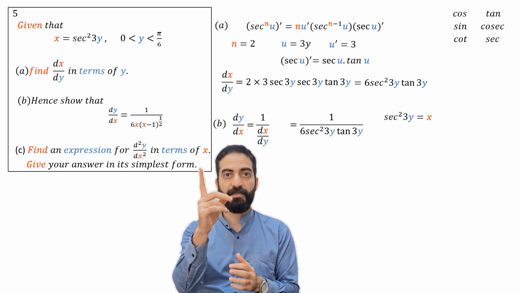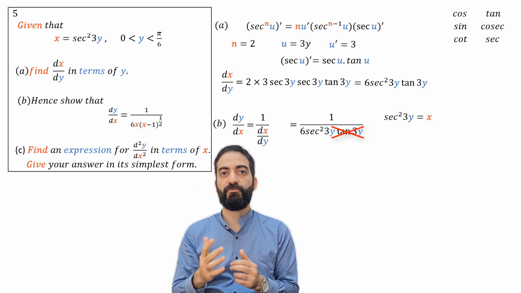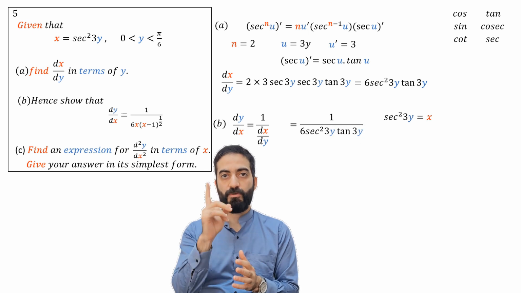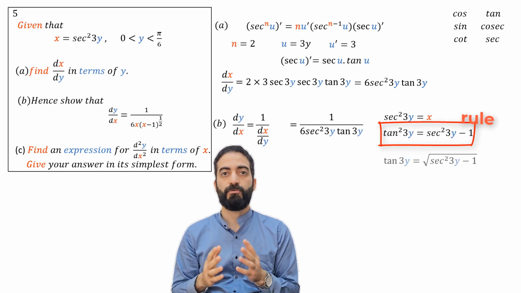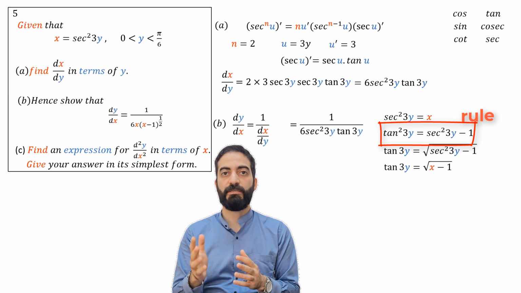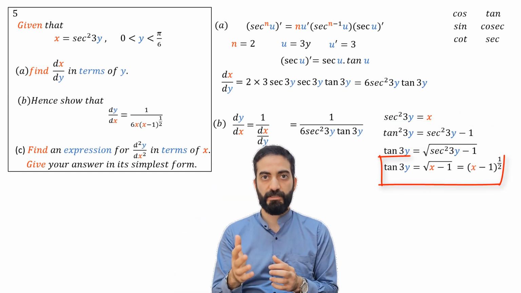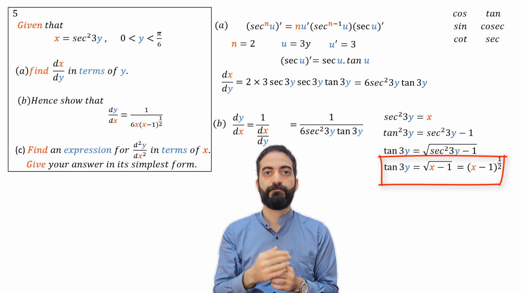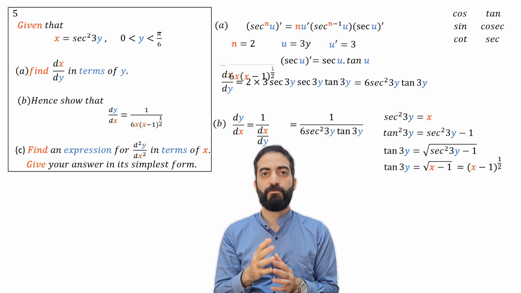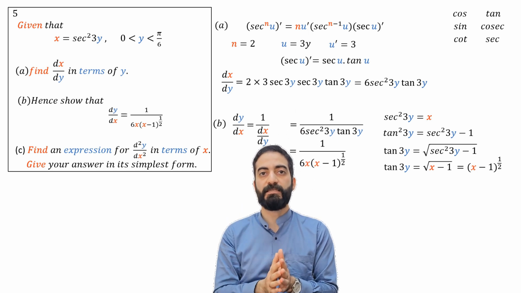We must also get rid of tangent 3y. We can use this rule specifically because it links tangent to secant. Through it, we can obtain that tangent 3y equals x minus 1 to the power half. Now we put the answer for tangent 3y and the answer for secant squared 3y to get the answer.